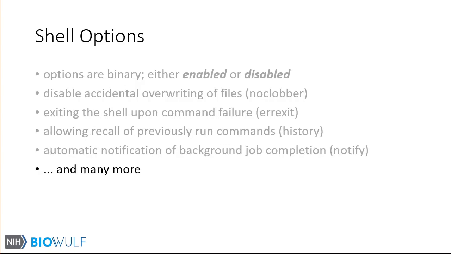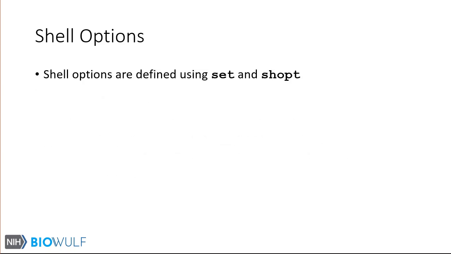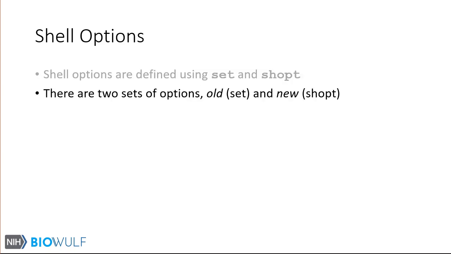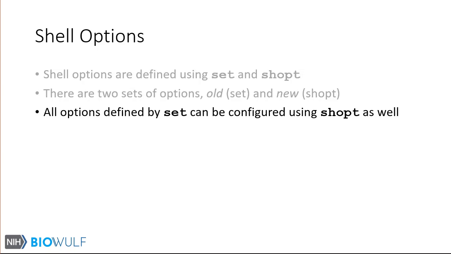So how does this work? For historical reasons, shell options are defined with two commands, set and shopt. The options themselves are split into two groups, the old group belonging to set and the new group belonging to shopt.